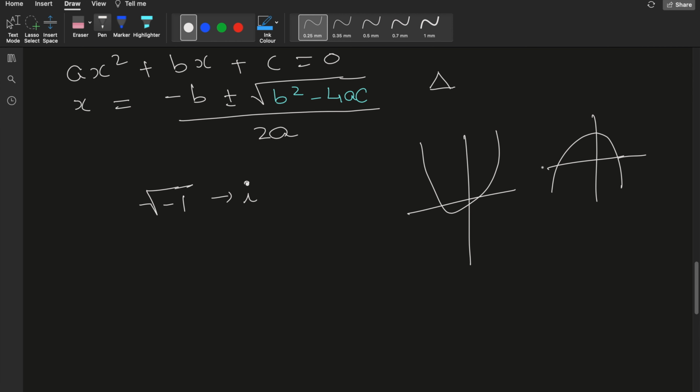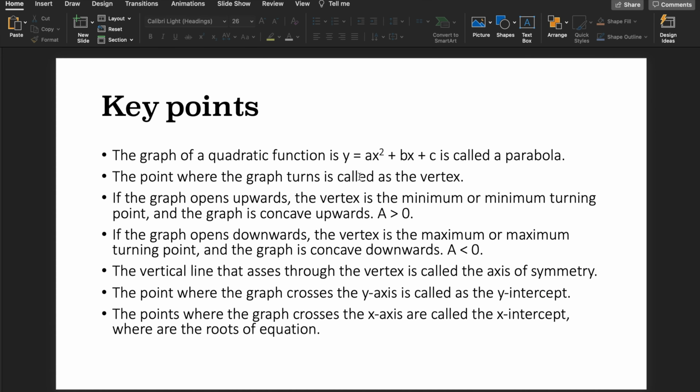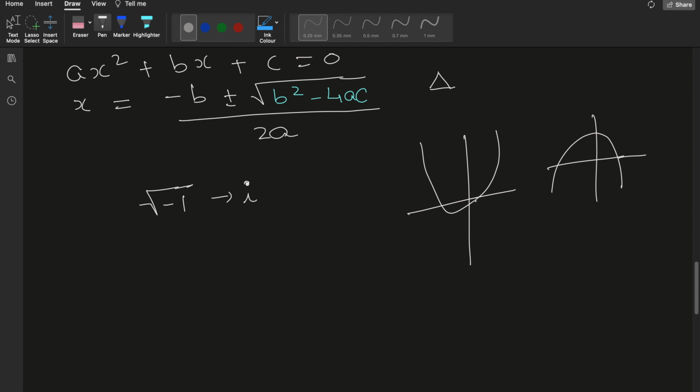This is how it's drawn; there are no other possible options. So this is called a parabola or a quadratic function graph. The next point is that the point where the graph turns is called the vertex, meaning the highest point or the lowest point is known as the vertex.